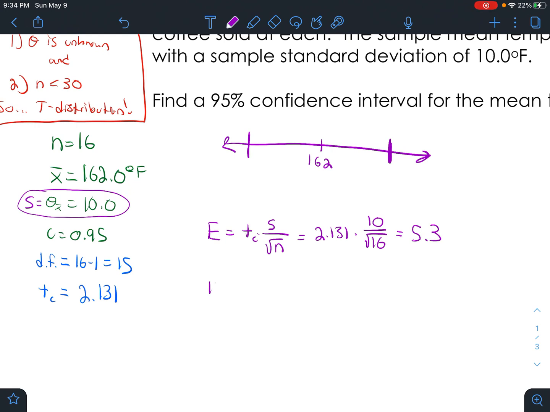So my confidence interval would be 162 plus 5.3 to get the high side, so 167.3, and 162 minus 5.3 we're looking at roughly 156.7 degrees.